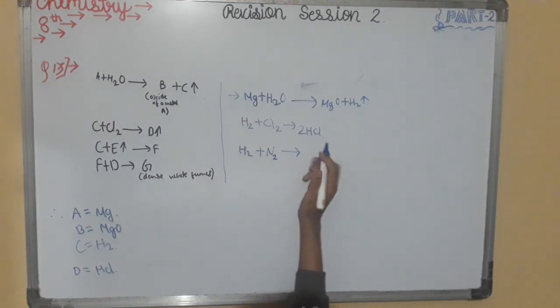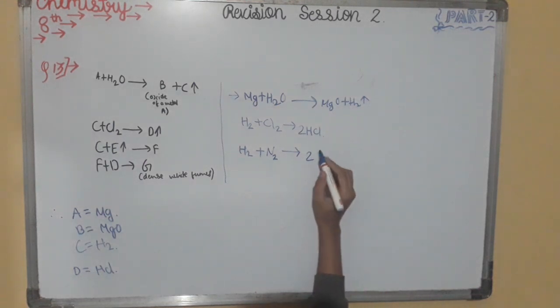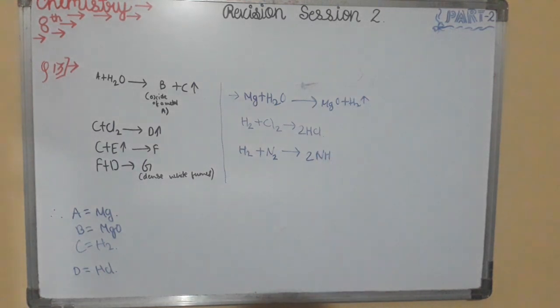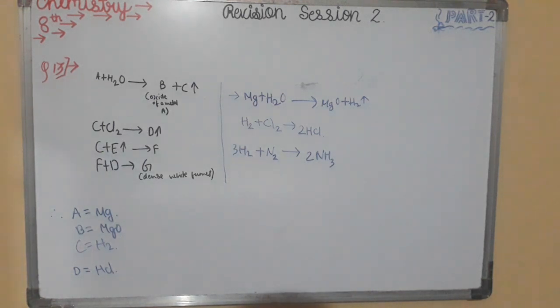We'll get F is equal to NH3, and by balancing this, it will be 3H2 plus N2 gives 2NH3.